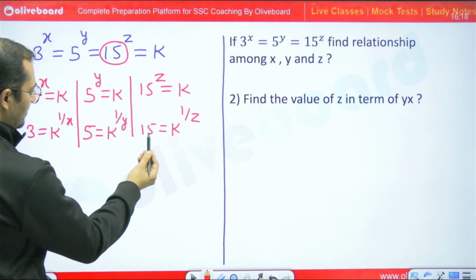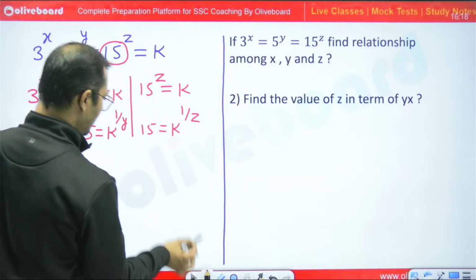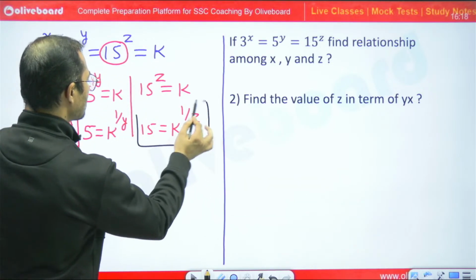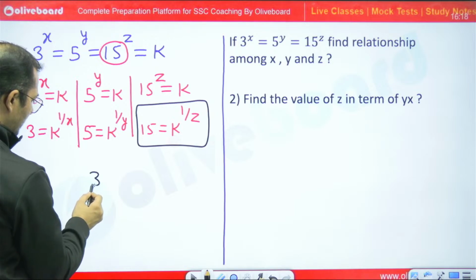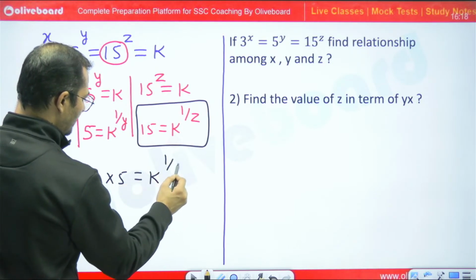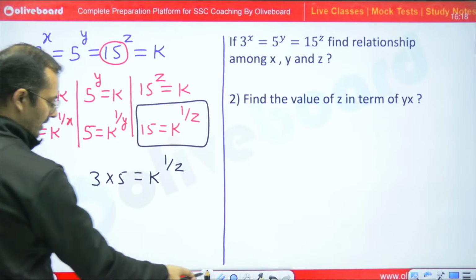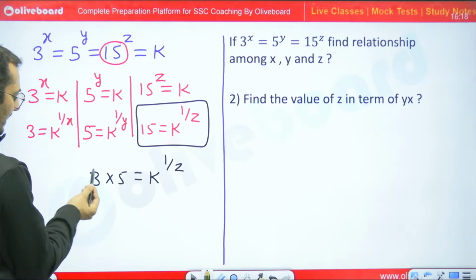We can write 15 as 3 into 5, which is equal to k to the power 1 upon z. Simple. Is this clear?